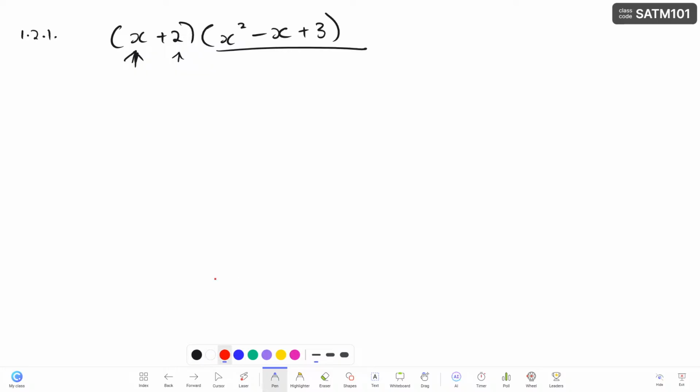Let me use a different color. So we take the first one, x, times everything inside the second brackets. Then I'm taking 2 and multiplying everything in the second brackets.